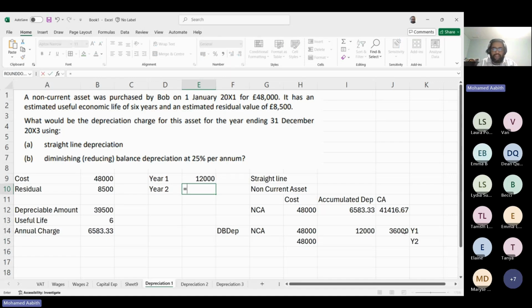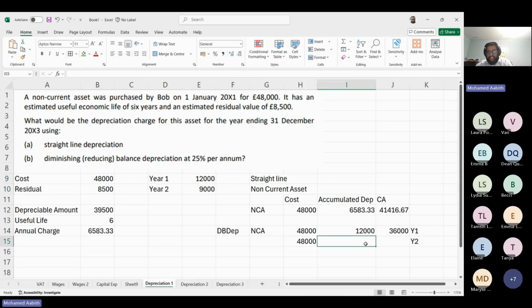So the charge is going to be that times 25%. Look at that now. My depreciation is only 9,000 pounds for the second year. So what is my total depreciation? So far, these two figures are my depreciation. So I'm going to add these two together and have 21,000 pounds.